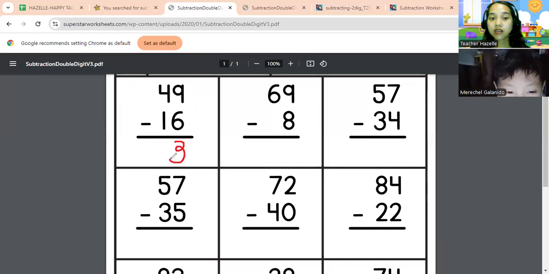How about 4 minus 1 equals? You can do it. 3.